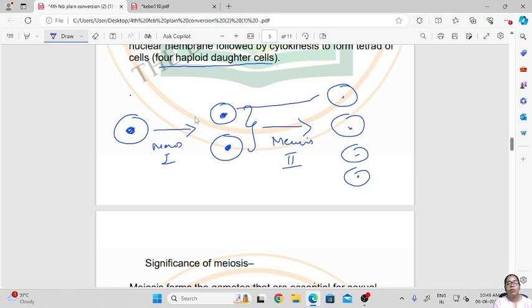One cell will form these 2 cells and from this cell we will get these 2 cells. So this is how cell division takes place through meiosis. First the cell will undergo meiosis 1 and then meiosis 2, and from one single cell it will form 2 daughter cells, and from those 2 daughter cells you will get 4 daughter cells.